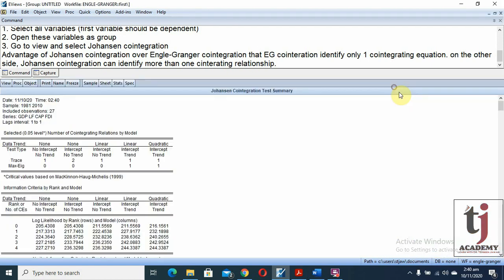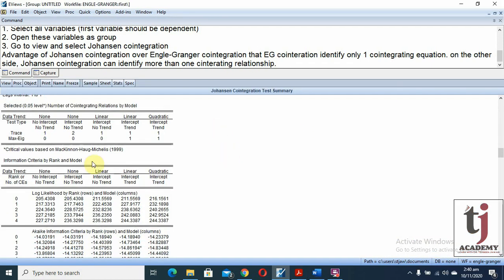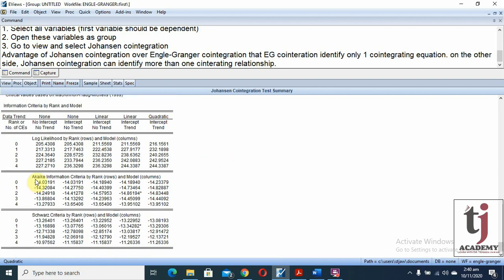So this is the window. Here you can see option number 1, option number 2, option number 3, 4, and similarly 5. And here are the Akaike information criteria and Schwarz information criteria. You can use any one of them. If we follow the Schwarz criteria, there is a star.